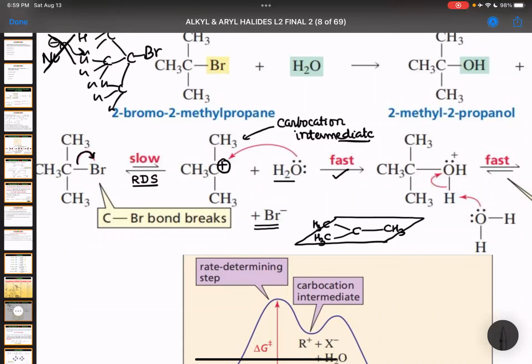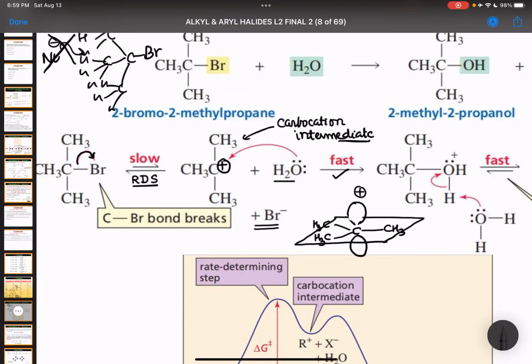It is a carbocation, right? And the carbocation is flat. It is sp2 hybridized, and there is an empty p orbital which is perpendicular to the plane of this carbocation.